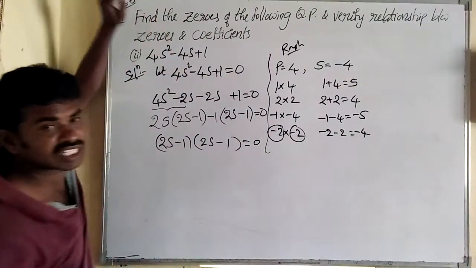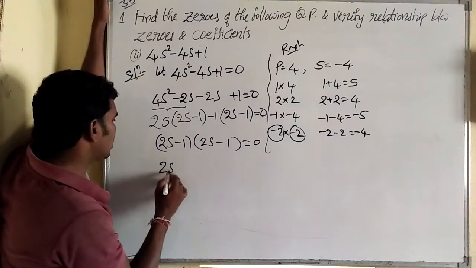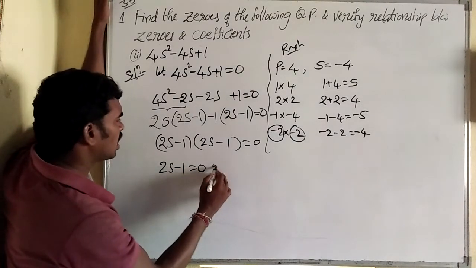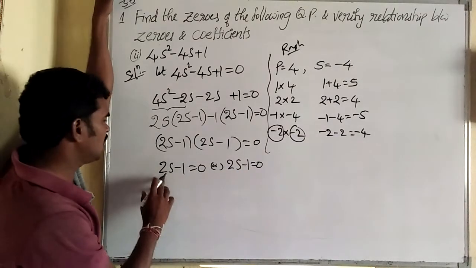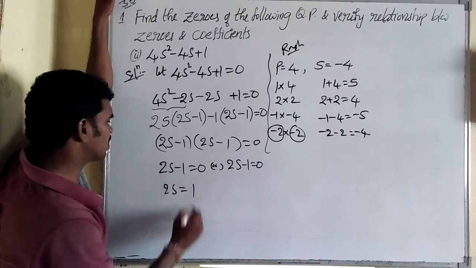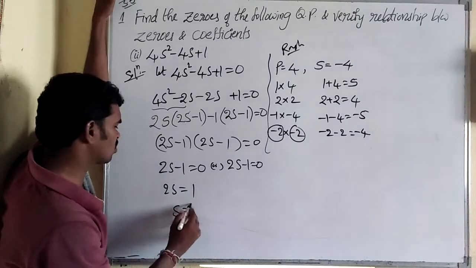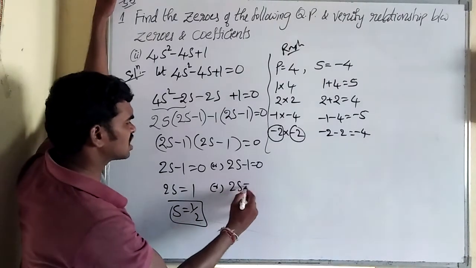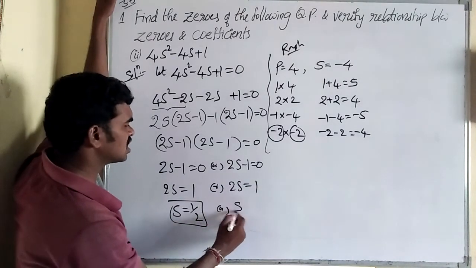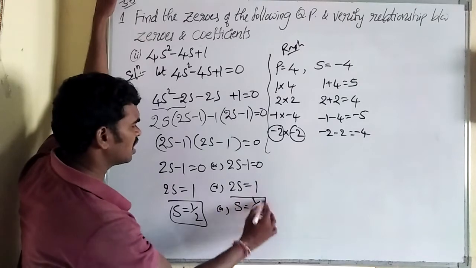So 2s minus 1 is remaining. Simplifying, 2s minus 1 equals 0, and here also 2s minus 1 equals 0. Here minus 1 sent to the right side becomes 2s equal to 1, then s equals 1 by 2. Or here also 2s minus 1, sent to the right side, equals 1, then s equals 1 by 2, the 2 going to the denominator.